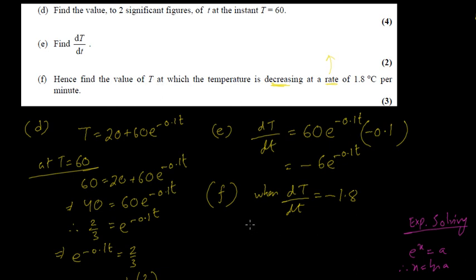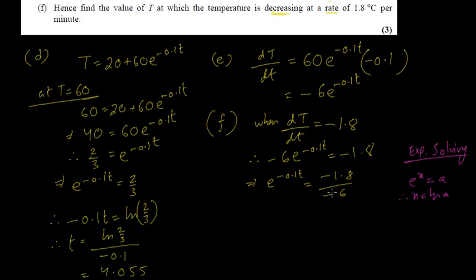So how do we do this? You just plug this in from the previous sum. So minus 6 e to the power minus 0.1t equals minus 1.8. That means e to the power minus 0.1t is minus 1.8 divided by minus 6. So you cancel the negatives off and this is going to be 0.3.